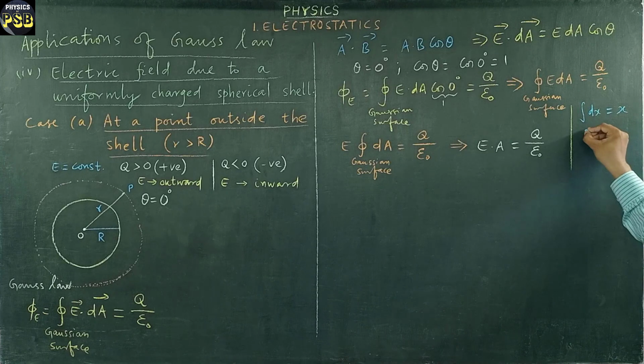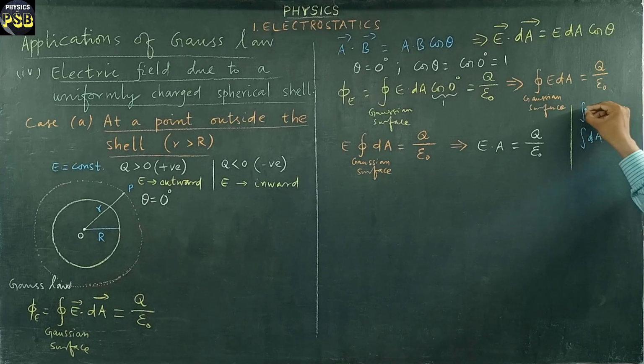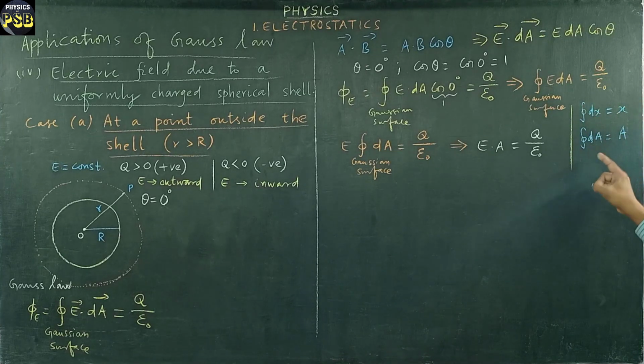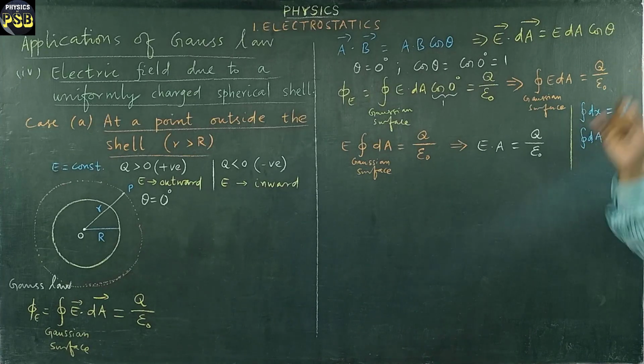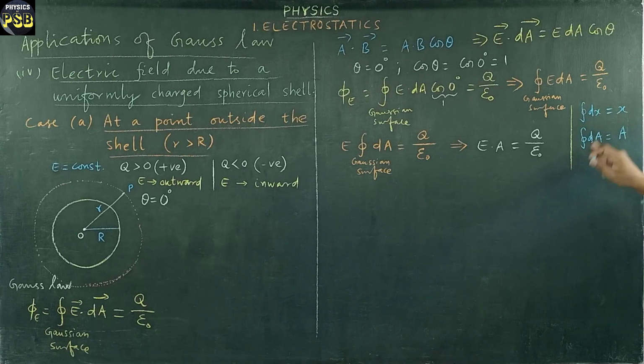In a similar way, integral of dA is nothing but A. So the same thing we have for a closed integral as well. Closed integral of dx is x, so closed integral of dA is A. The opposite of differentiation is integration. When we integrate a differential term, the differentiation gets cancelled and we get this thing. This is how we have obtained this.